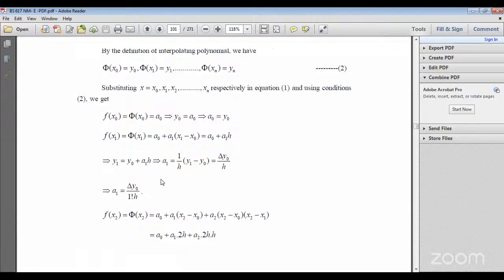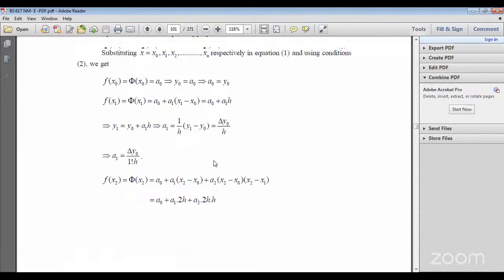Therefore y1 is equal to y0 plus a1h, and a1 is equal to 1 by h times (y1 minus y0), that is delta y0 by h. Therefore a1 is equal to delta y0 by 1 factorial h.